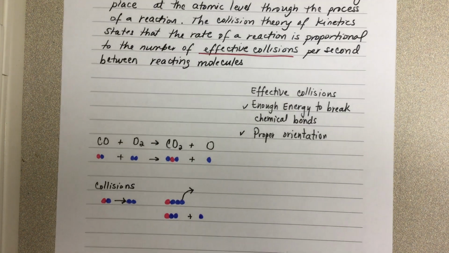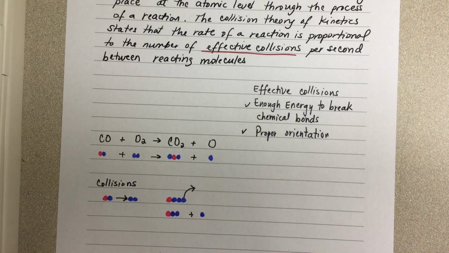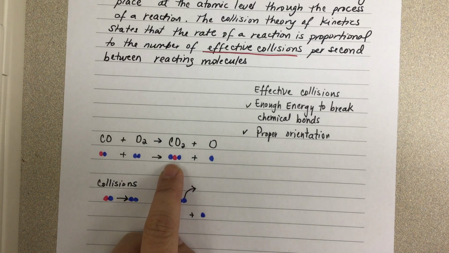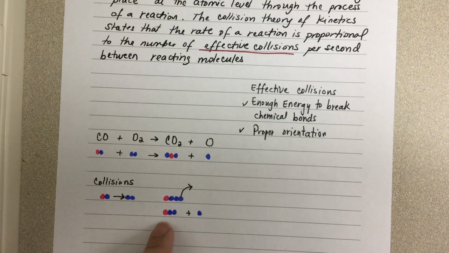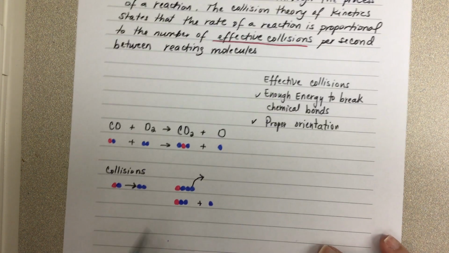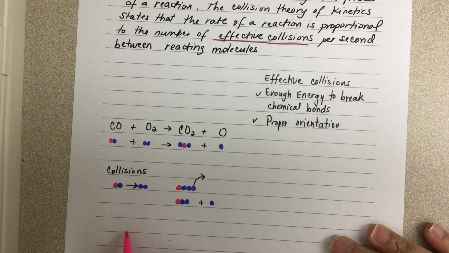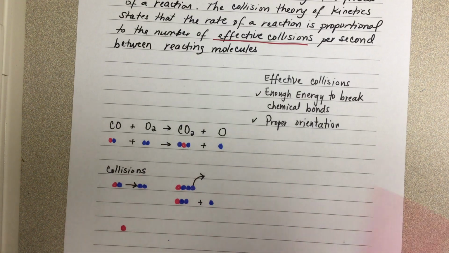So that's an example of a collision that does not have the proper orientation. You don't have the proper orientation because your carbon dioxide, I'm writing that one down as blue, pink, blue. Okay? And what you're getting here is not the same thing. So a proper collision, with my representation, will look something like this.